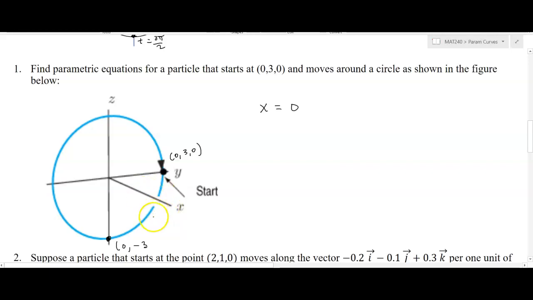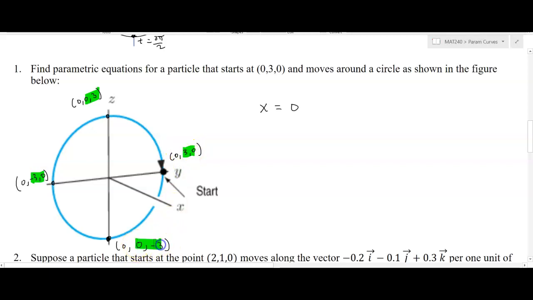The y component is now 0 because we've moved closer to y equals 0, and the z component is now negative 3. And then that particle should move to 0, negative 3, 0, and then back up here to 0, 0, positive 3. So you can see all we really need to focus on is just the y and the z component.